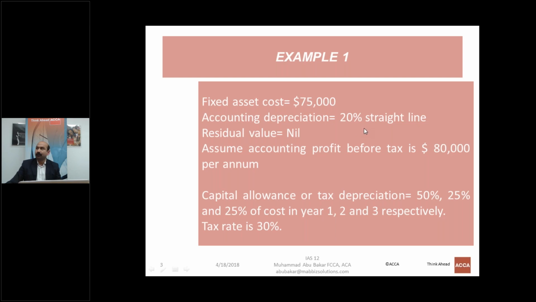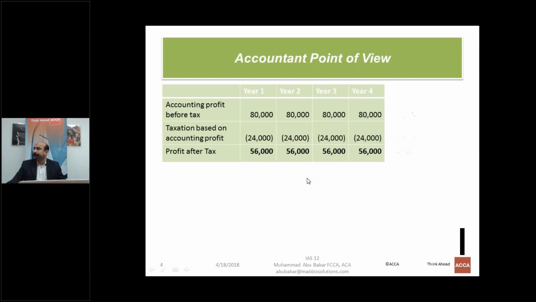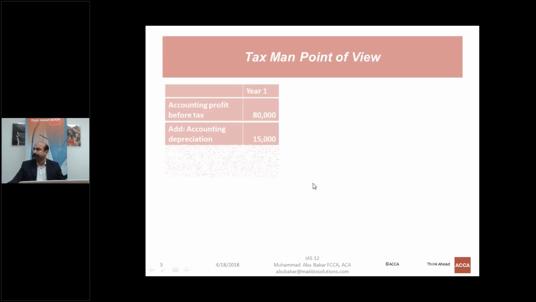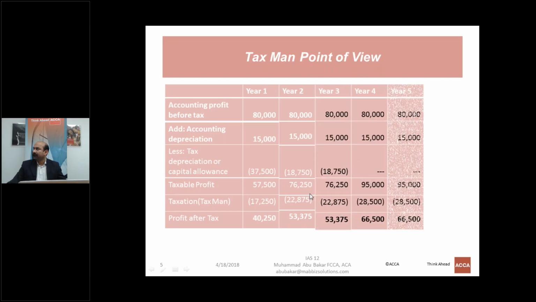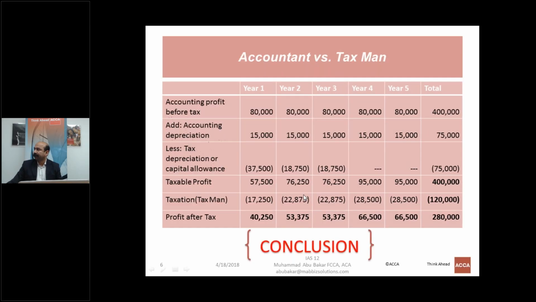So when you apply this 20% to 75,000, this will give you 15,000. So this was the 15,000. Okay, we were here.